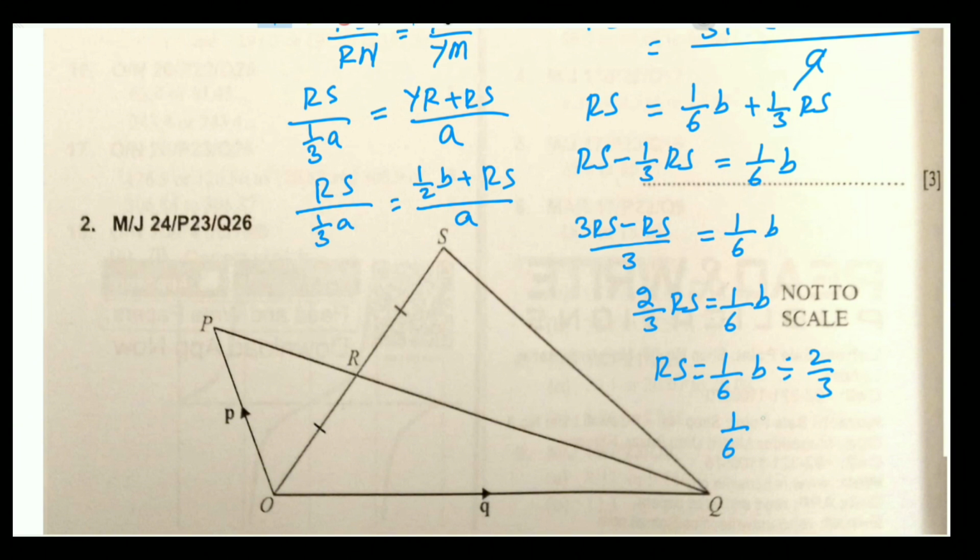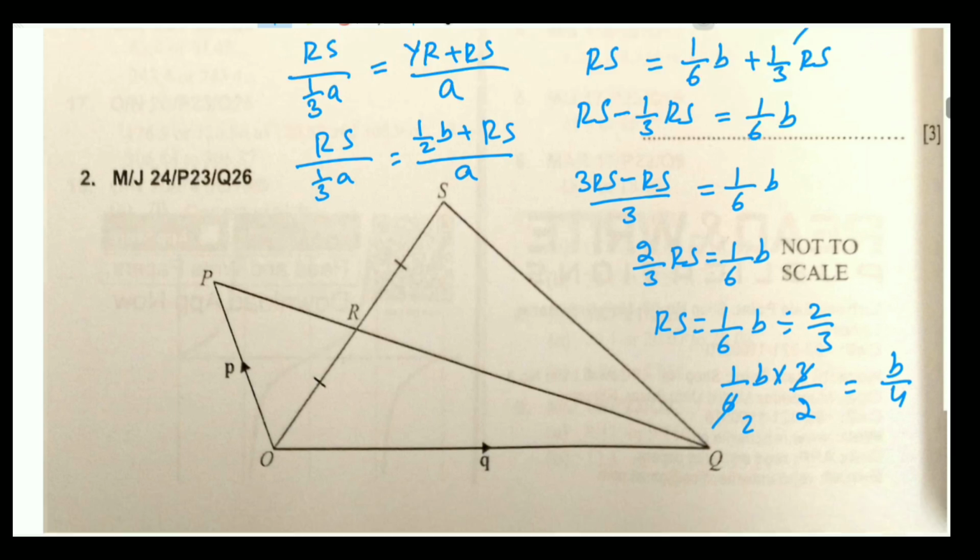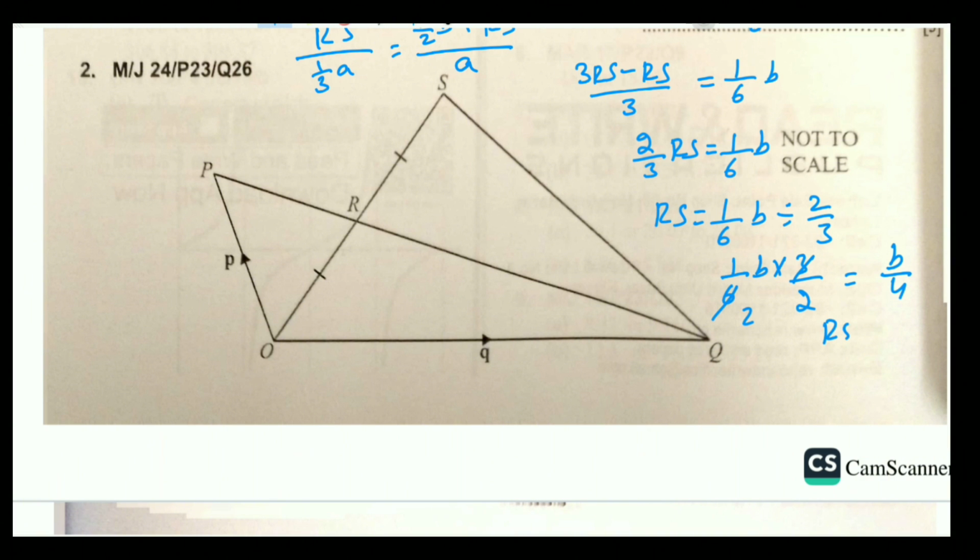So 1 by 6 B multiplied by 3 by 2, 3 into 6 is 2, and it is now B by 4. So RS is B by 4.